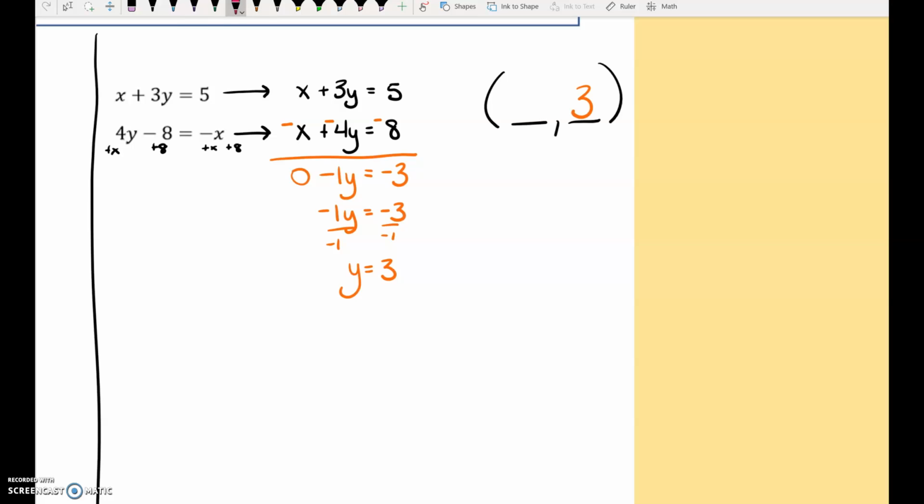We can plug 3 into the y of the top equation, of the original bottom equation, or of the rearranged new bottom equation. I think I'm going to plug it into the top. That looks easier. I'm going to choose x plus 3y equals 5. Plug that 3 that we found in. And I get x equals -4.